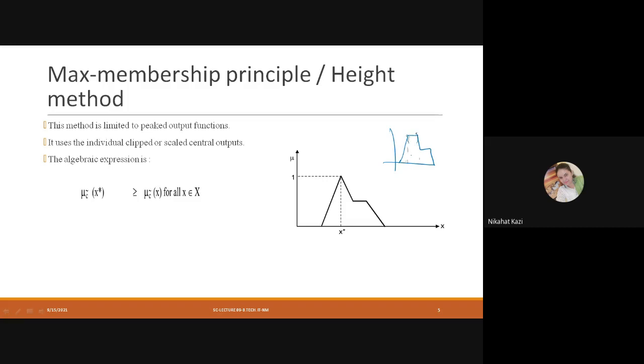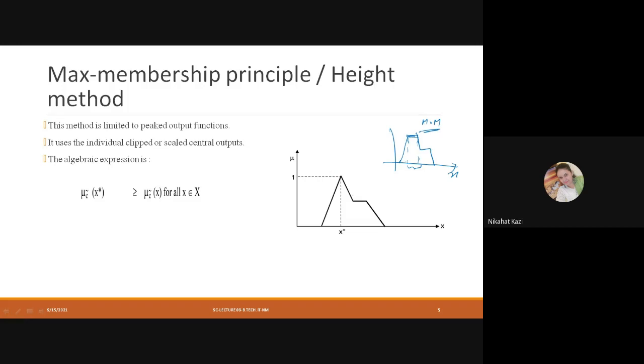This is the peak for this particular region. And if you look at the x-axis, these are the x values, so there's a range of values. So there's a variant of the height method which you can use. We'll discuss that. That is called the mean of max method. So that variant is used in that case.